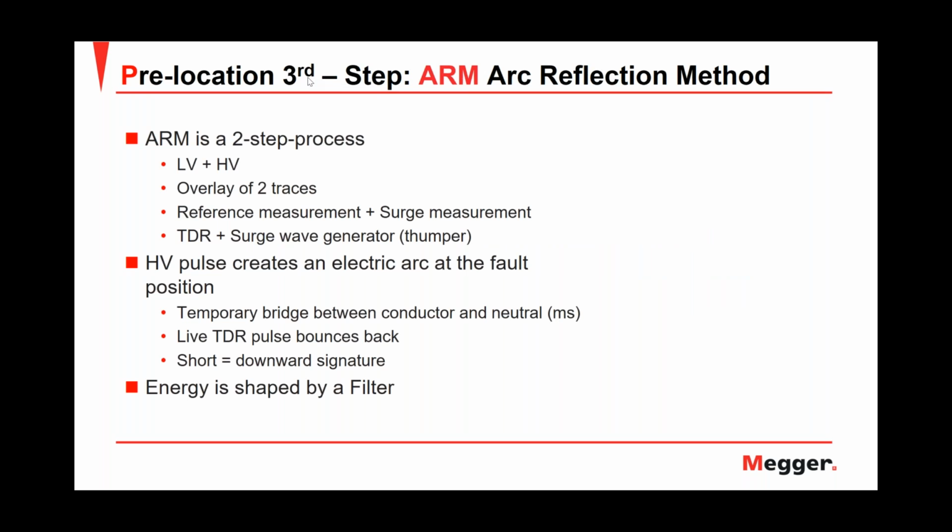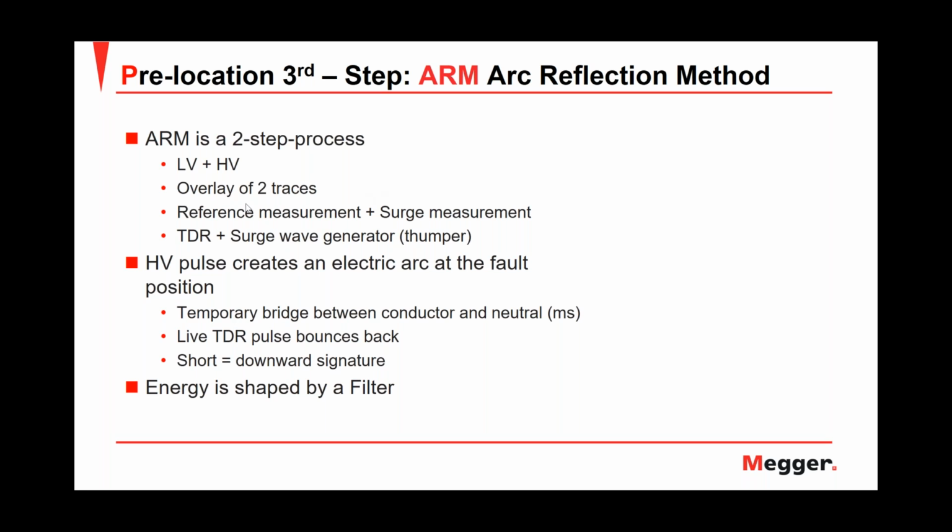So prelocation, we are still in the third step, and we need to combine the low voltage trace and the high voltage trace. So the arc reflection method is a two-step process in which we combine the low voltage trace from the TDR with the high voltage trace coming from the thumper.